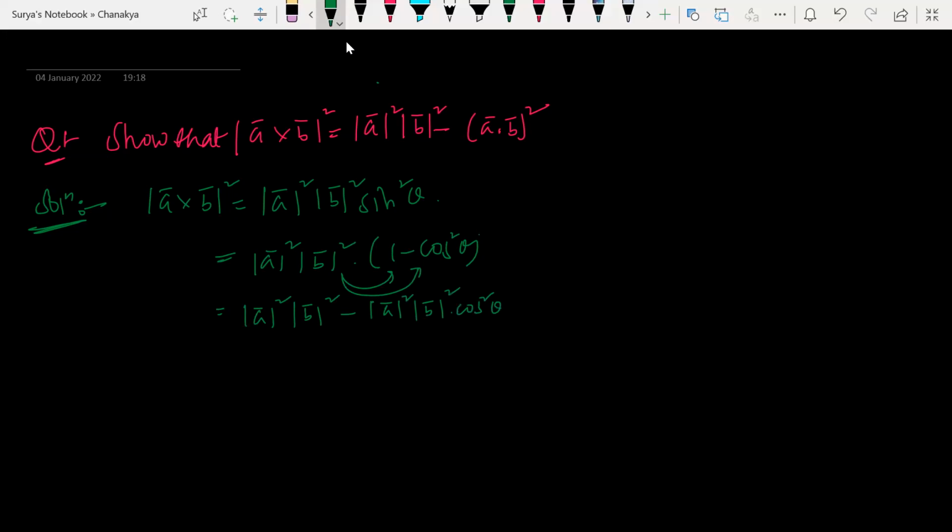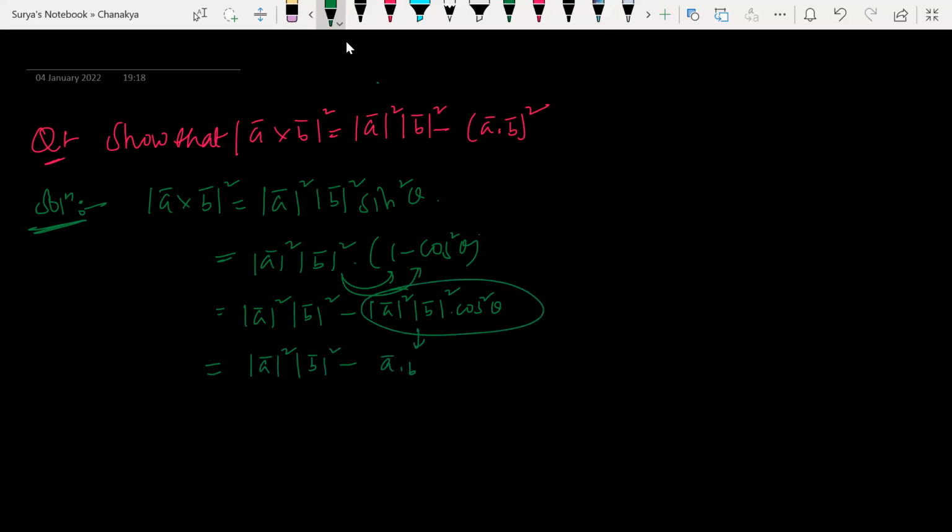Cos square theta. Alright, now what can I do here? Look at this here. This can be written as what? As it is. Now this fully becomes what?